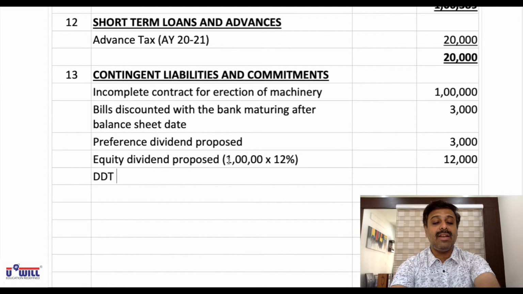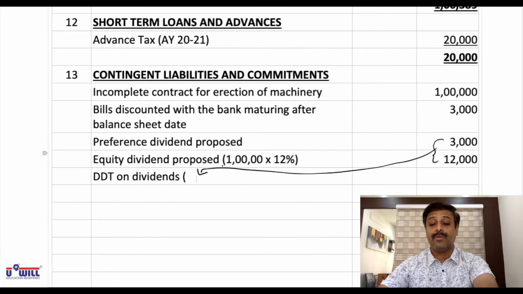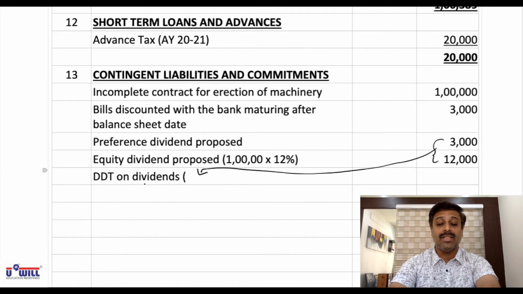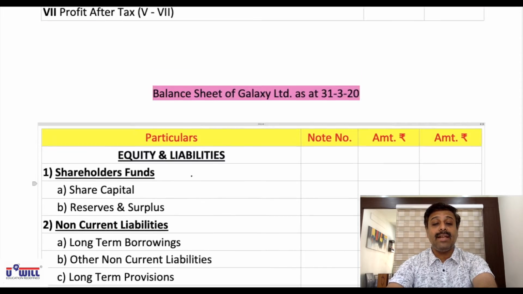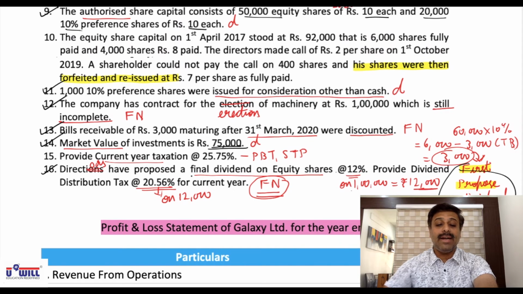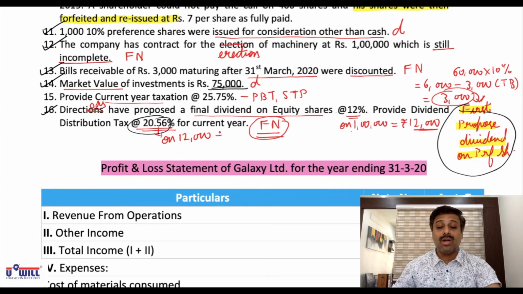And then DDT we will count on both the dividends. What are both the dividends? 12 plus 3, 15,000. So dividend distribution tax will be counted on 15,000. Basically, we count it as 15,000 into the rate of DDT given in the last adjustment, 20.56%. You will not only count on the 12,000, but you will also count on the 3,000 of preference dividend.